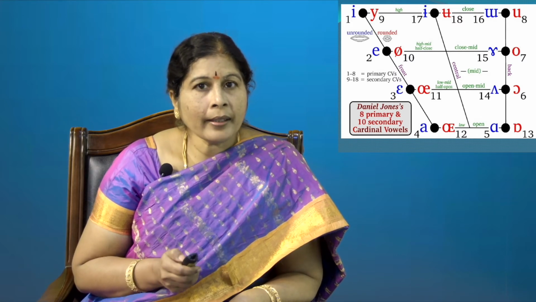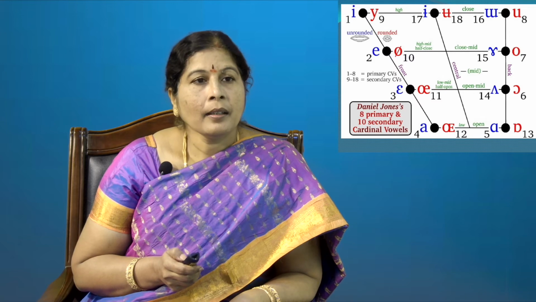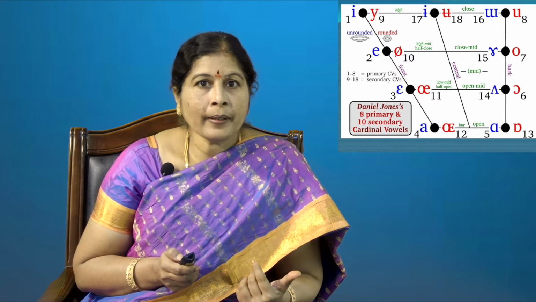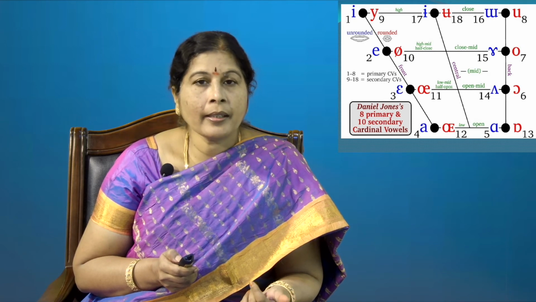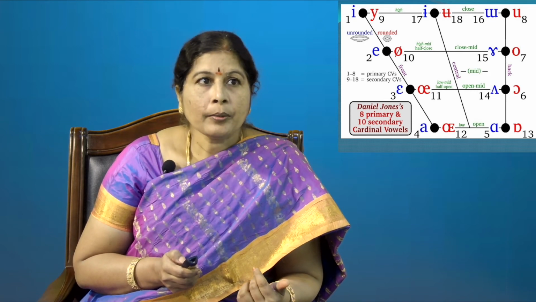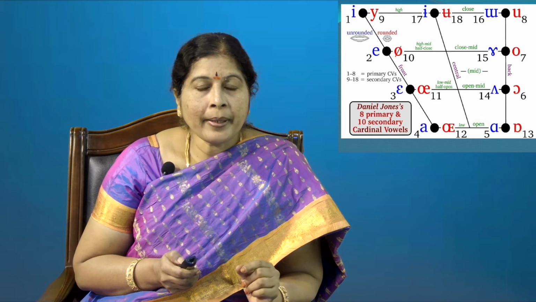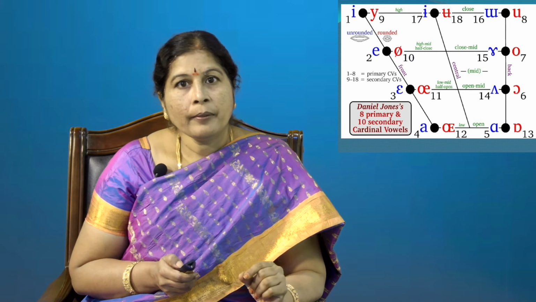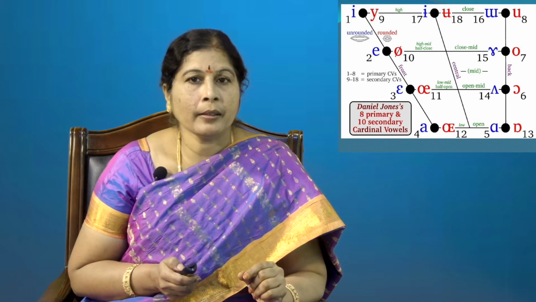So what are these cardinal vowels? These are the reference vowels. So these are only for reference. They are not related to any language. So we can compare any vowel sounds with reference to these cardinal vowels.